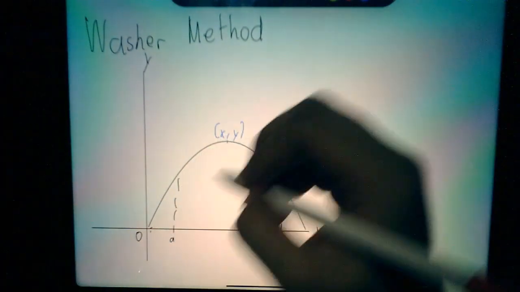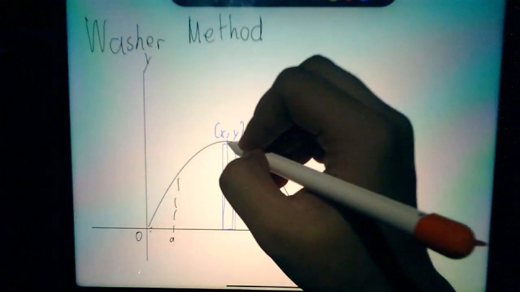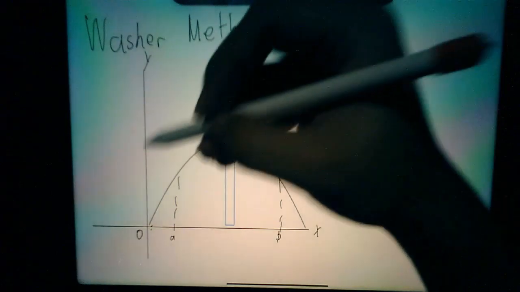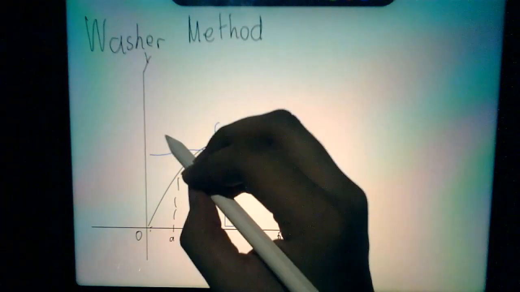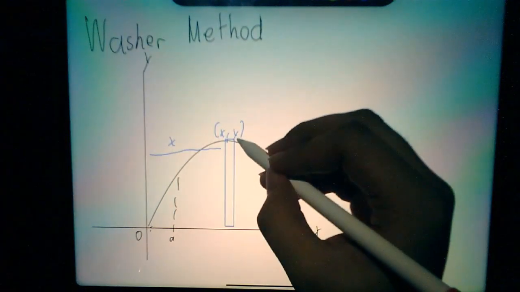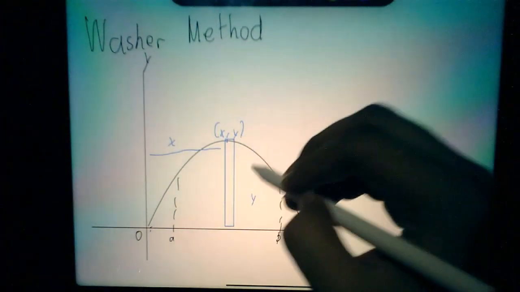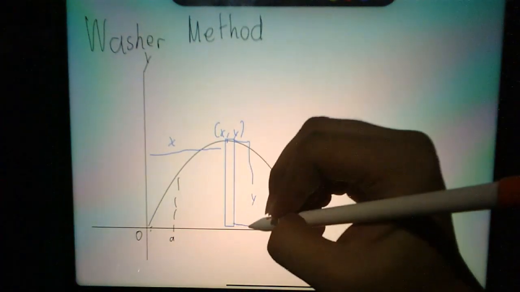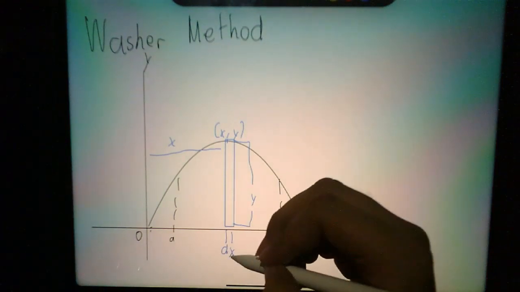From this point, first we need to make a vertical strip there, and from this point to this point, this is called x, and the height of this vertical strip is just equals to y. And the thickness of this vertical strip is equals to dx.